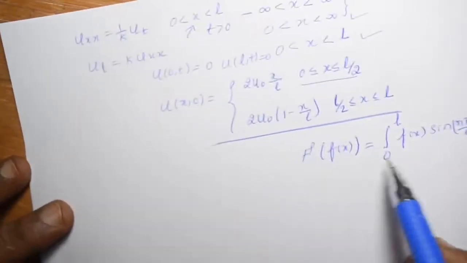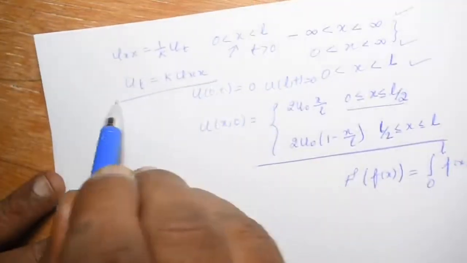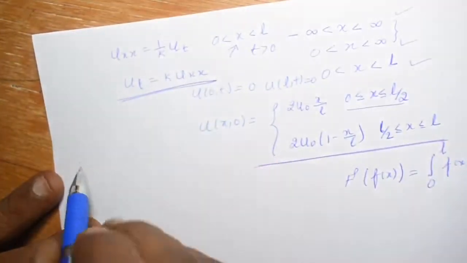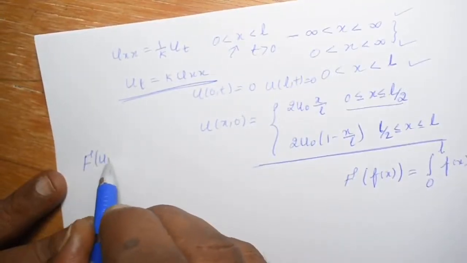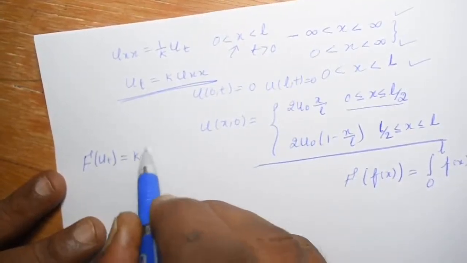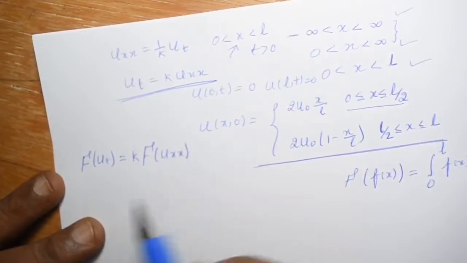Now we are going to apply the finite Fourier sine transformation on both sides of the given equation. That is the finite Fourier sine transform of ut, which is equal to k into the finite Fourier sine transform of uxx.